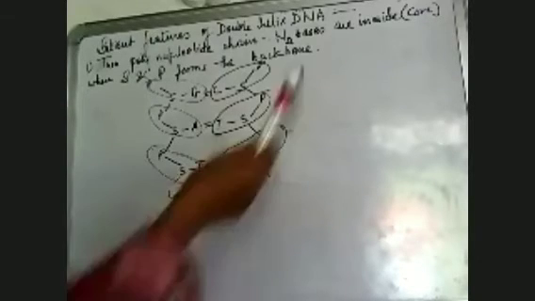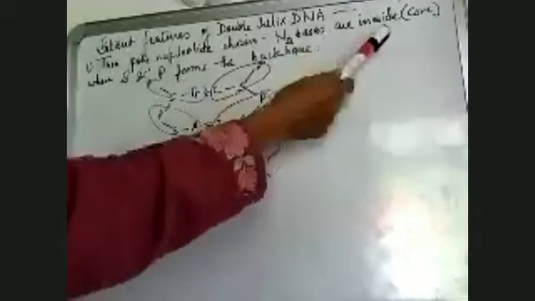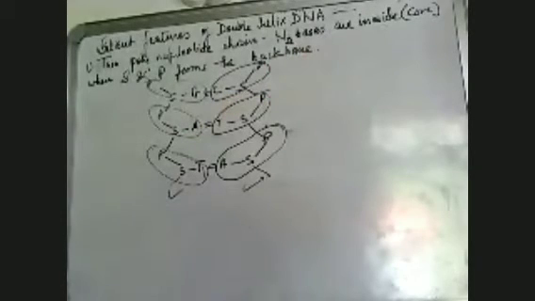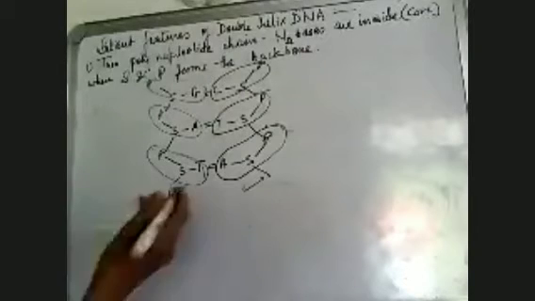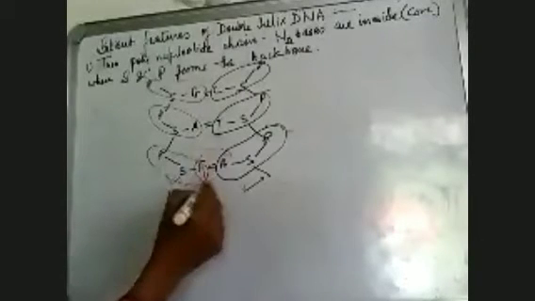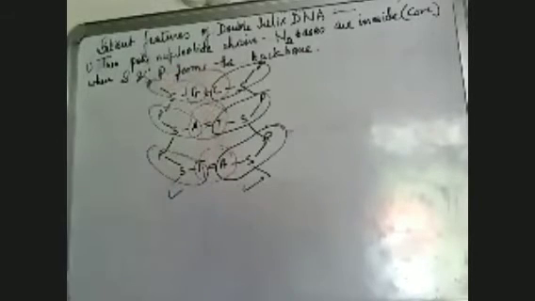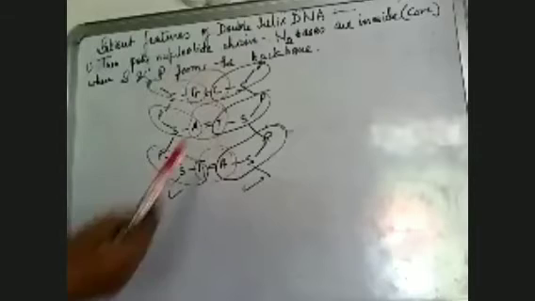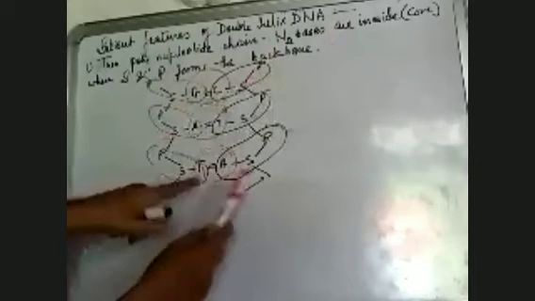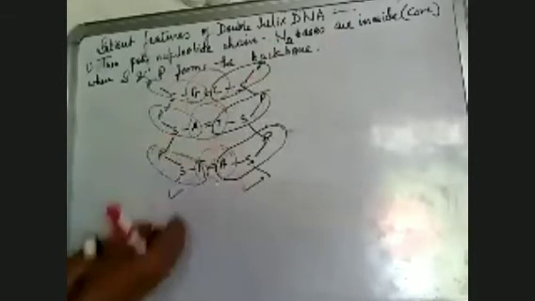In this chain, the nitrogenous bases are inside. These are nitrogenous bases, which I'll be marking with red color. This is a nitrogenous base, and these two, and these two, are nitrogenous bases. So in this polynucleotide chain, the nitrogenous bases are inside, in the core.